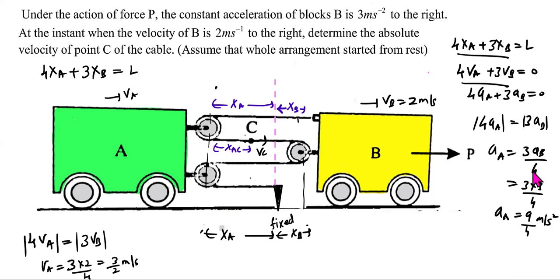Okay, now we'll write down the equation. XB plus XA minus XAC equal to some L. VB will decrease, XA will increase, or one more step: XB plus XA.